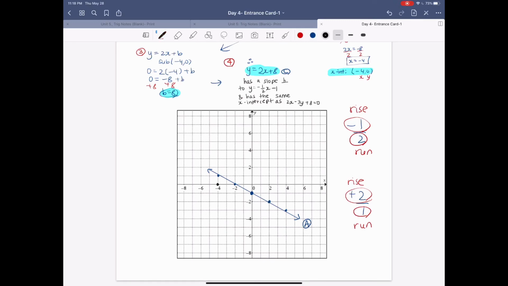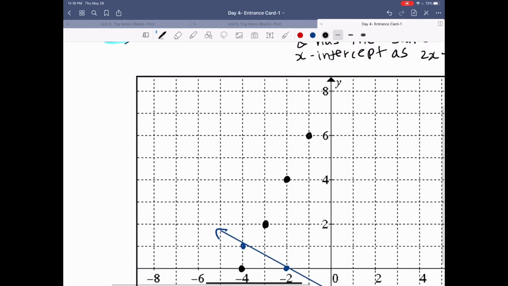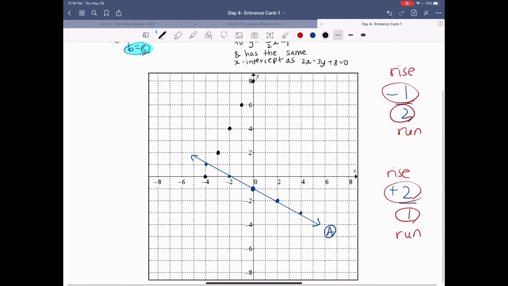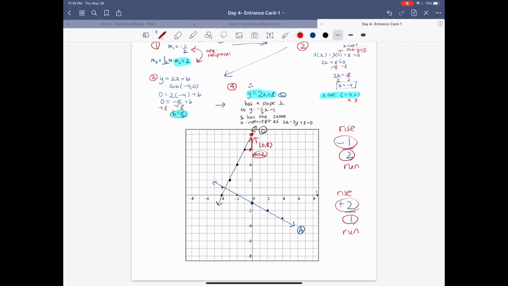Up 2, right 1. Up 2, right 1. The line, what we can see is that the y-intercept is in fact (0, 8), and it has a slope of m equals 2. And with those two pieces of information, you would have been able to realize that therefore y is equal to 2x plus 8.